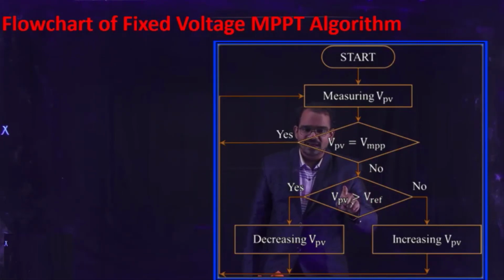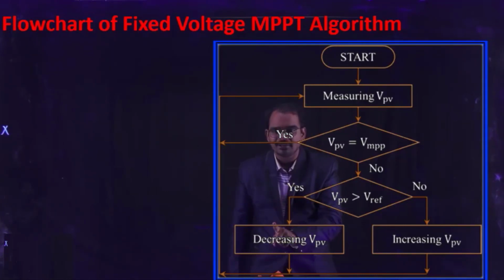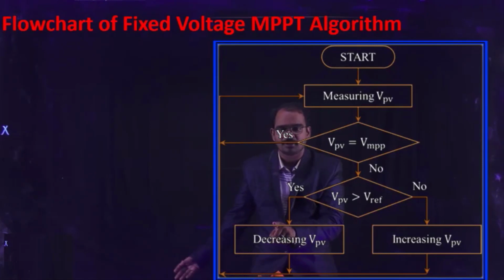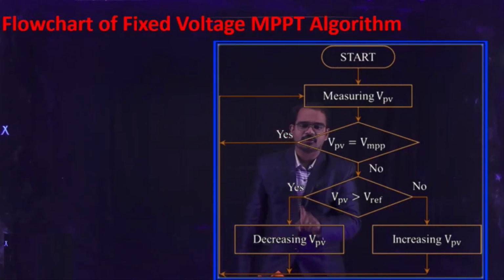If the array operating voltage of the PV array is more than the reference voltage, then in order to keep the value constant, we need to decrease the array operating voltage by means of a proper duty cycle, and this duty cycle will feed the DC-DC converter and it will decrease the array operating voltage.